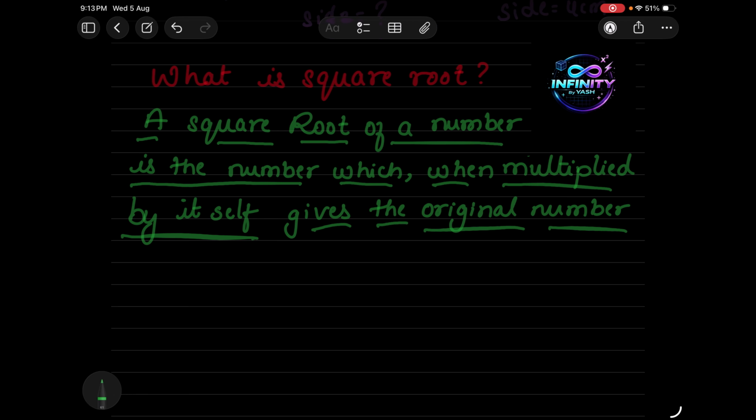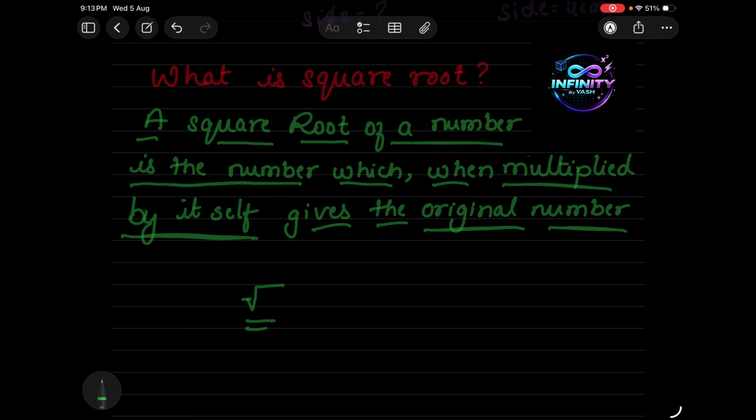In simple words, a square root tells us what number was multiplied by itself. For example, to get a square number, we multiply the number by itself. So, the number which is multiplied by itself to get a square number is called the square root of that number.